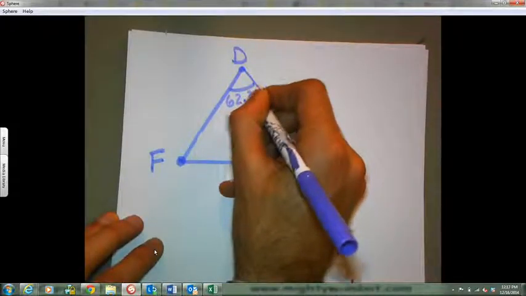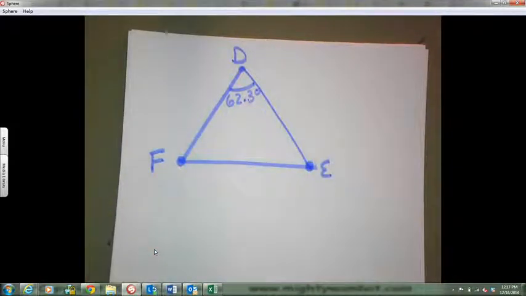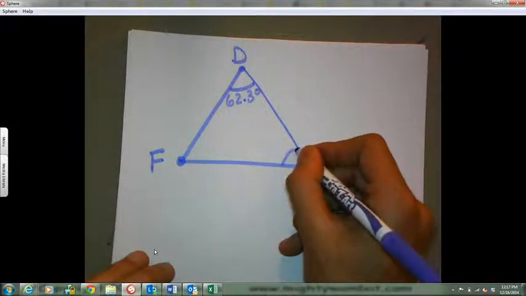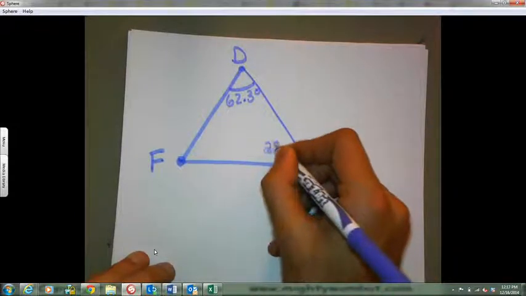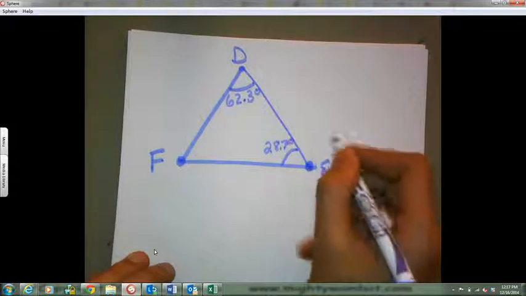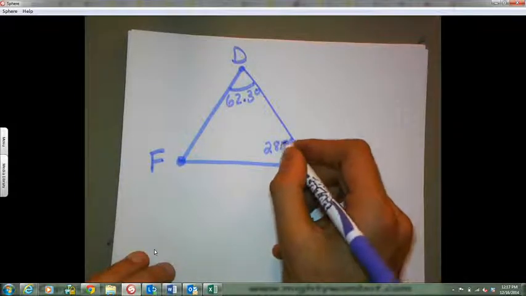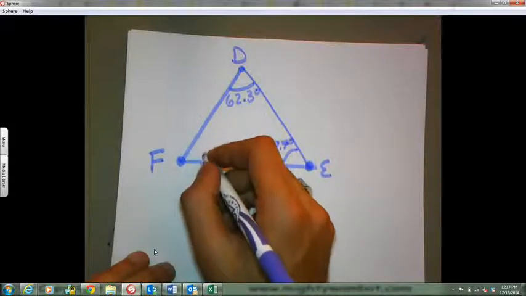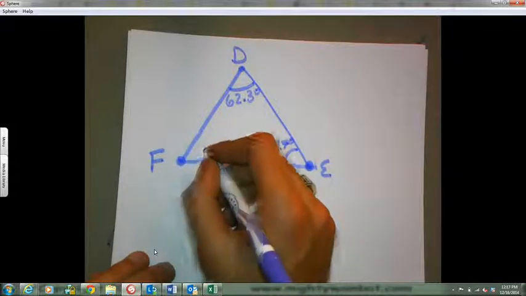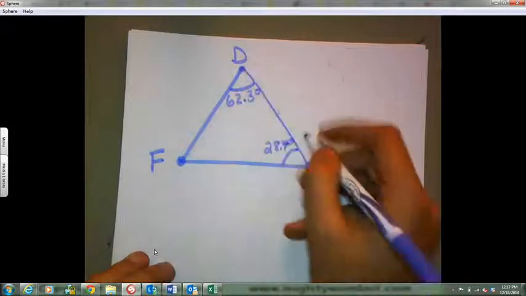Angle E is 28.7 degrees. And angle F, well, they don't give us that. But they tell us that side F, which is right here, is 12.1. This is side D. This is side E. We don't know what those are.